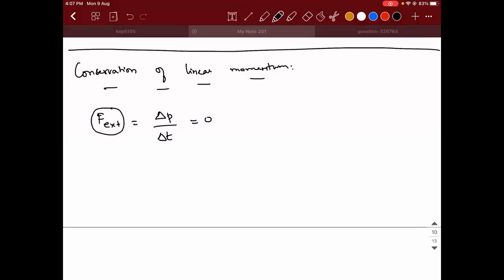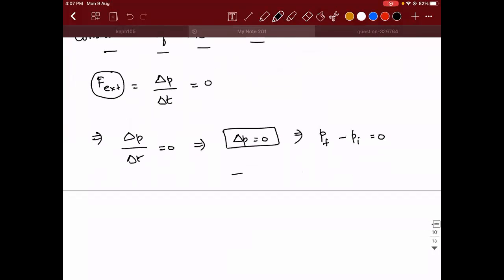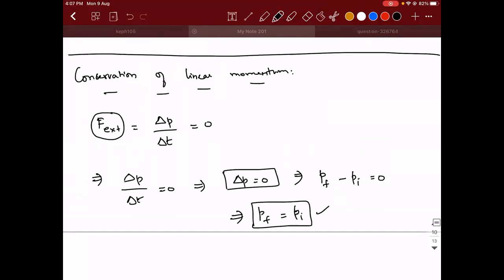If I put it equal to 0, can I say delta P by delta T is 0, which implies delta P is equal to 0. So when delta P is equal to 0, what can you say about the momentum? P final minus P initial will be equal to 0, or the final momentum will be equal to the initial momentum. Accepted?